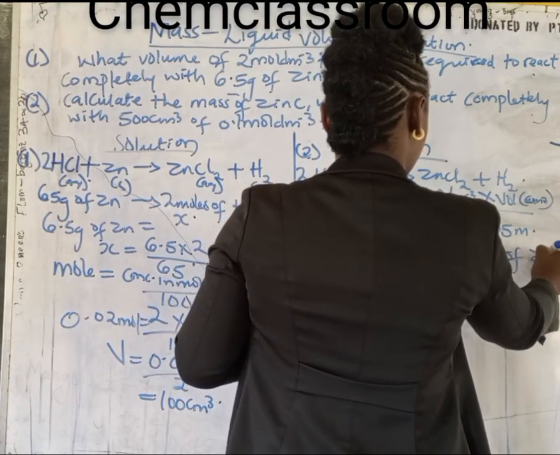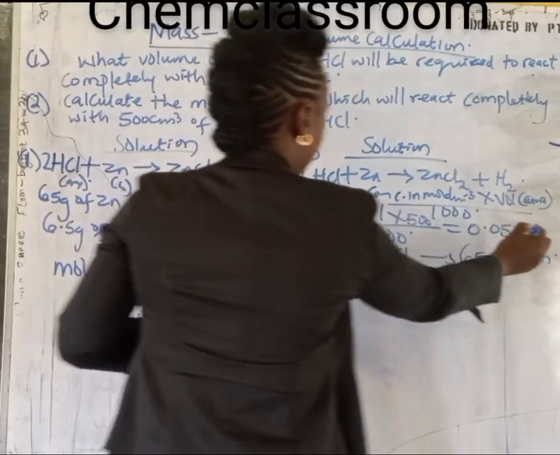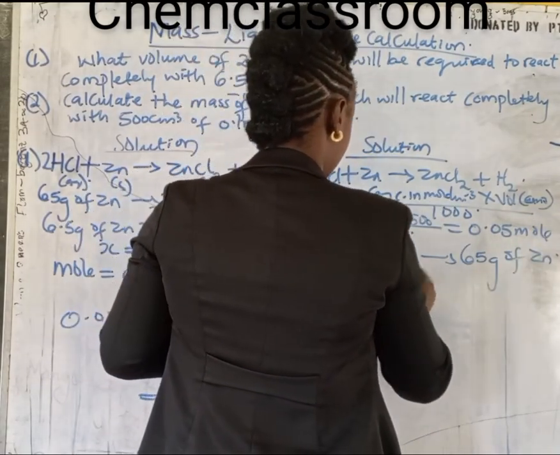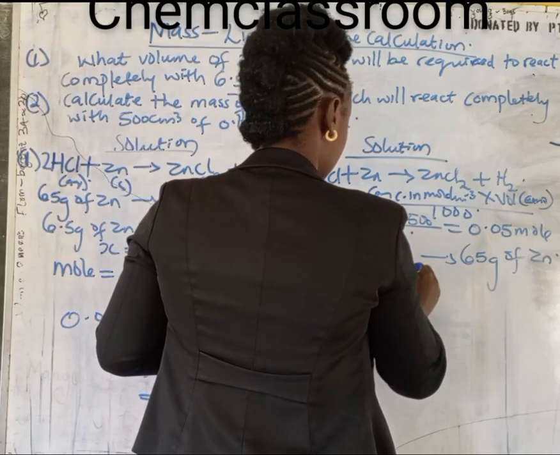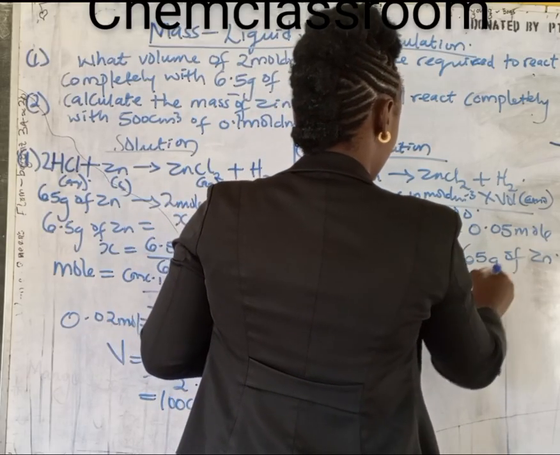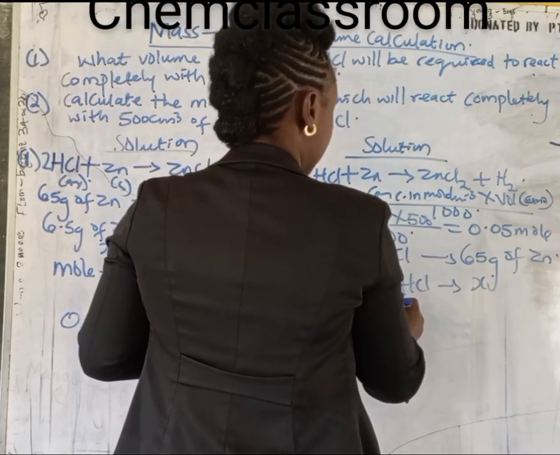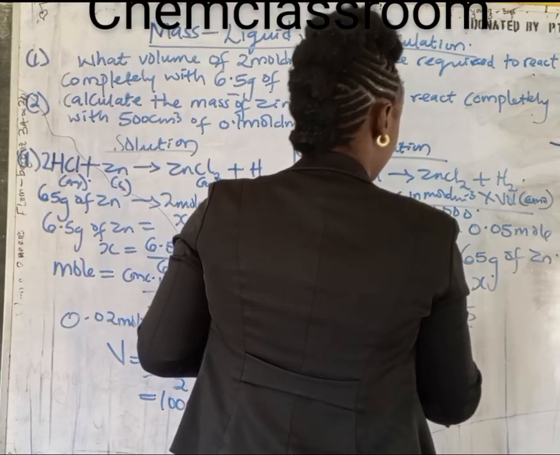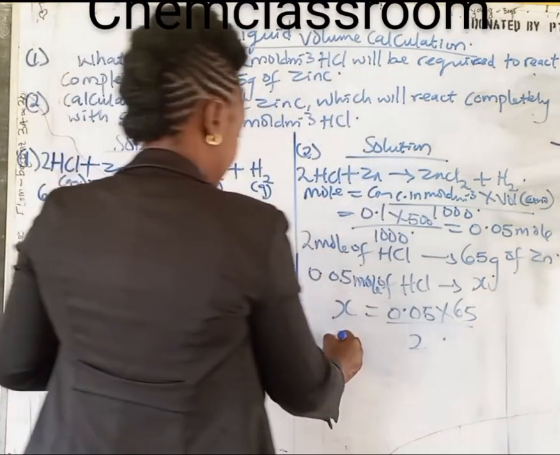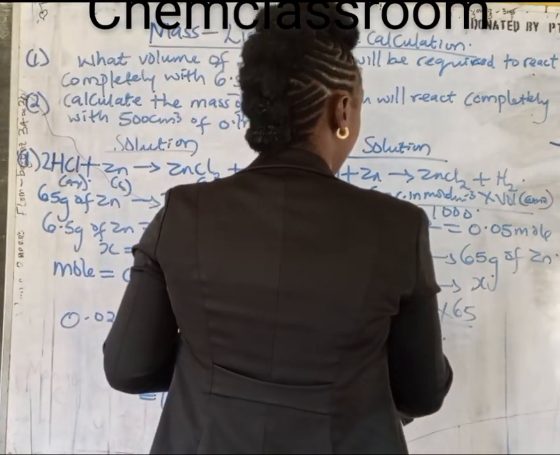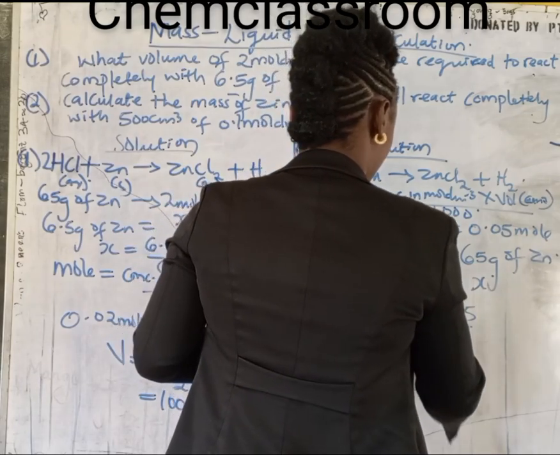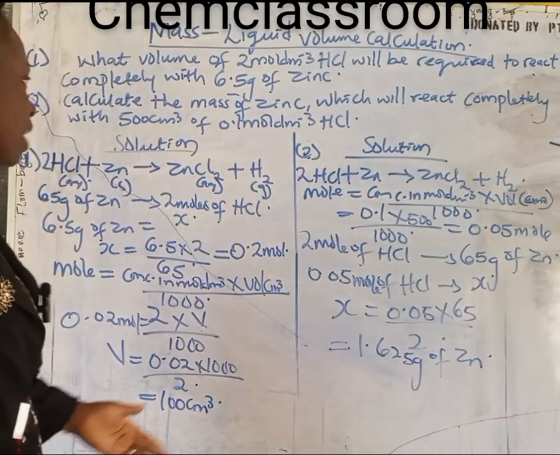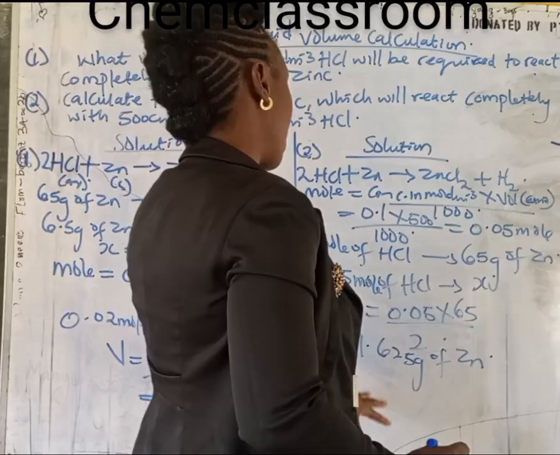Then the 0.05 mole of HCl that I got here reacts with X. So my X is expected to be 0.05 times 65 divided by 2. In all, I'm expected to have 1.625 grams of zinc. So we have been able to calculate our volume here, and our mass here.